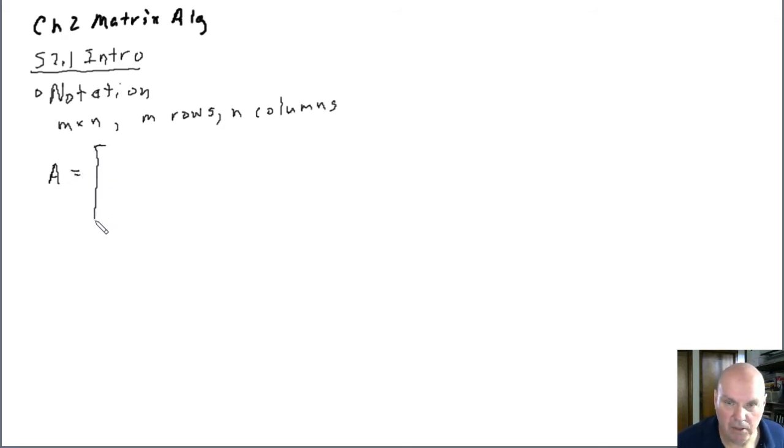And then the elements of the matrix are: A11 is the element in the first row, first column. A21 is the second row, first column. And then finally, this would be Am1. It has m rows.